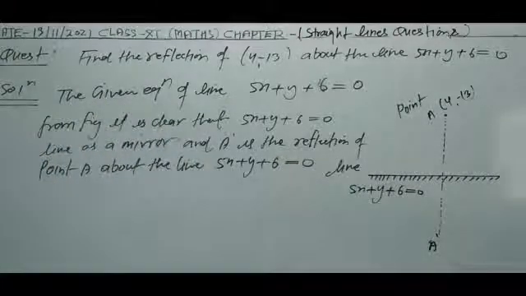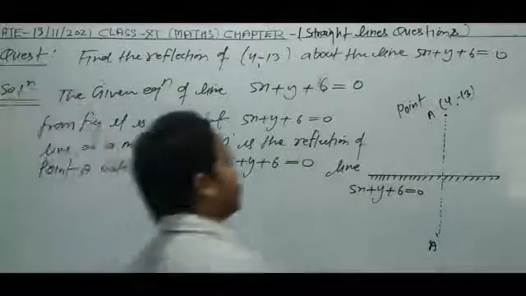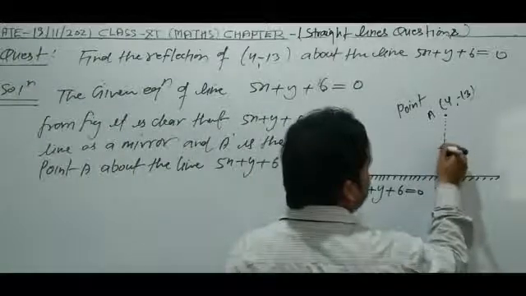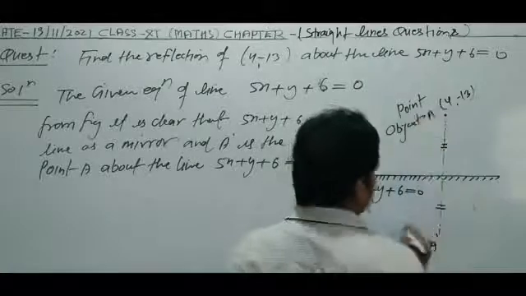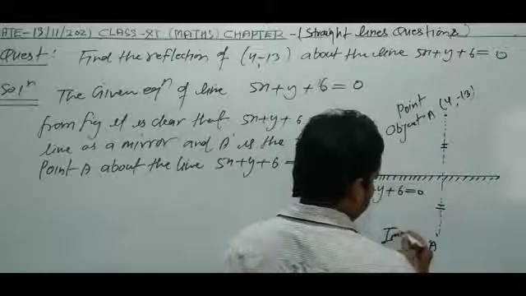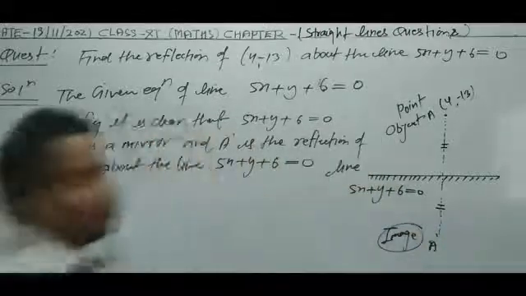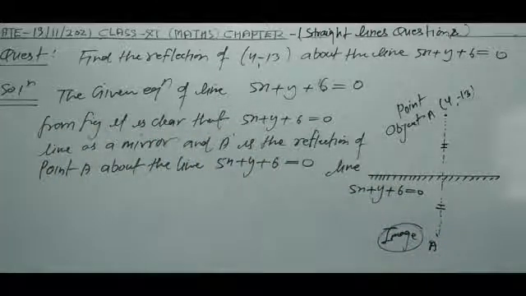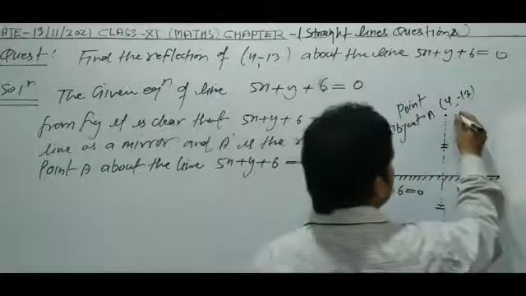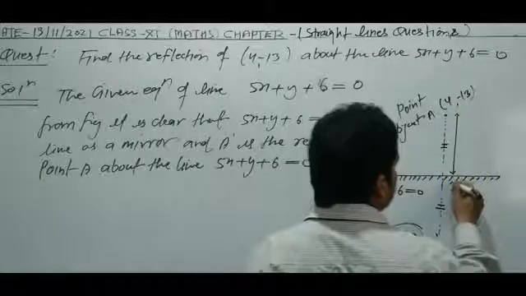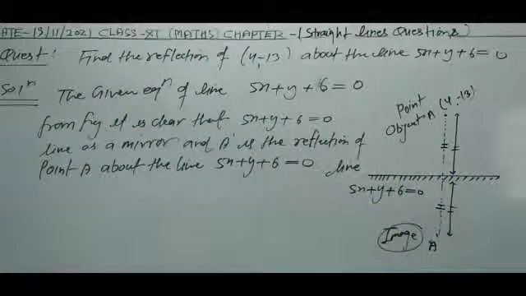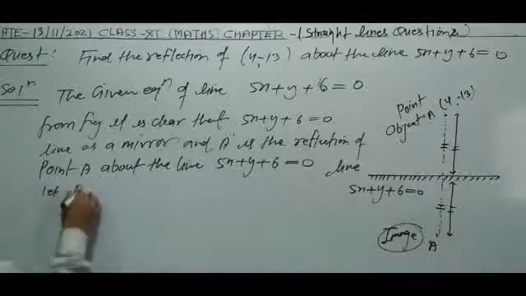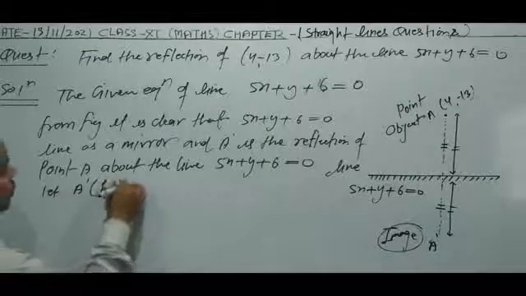Is it clear? So object and image are equidistant from the mirror. This distance and this distance are both the same. Let the coordinates of A dash be (h, k).